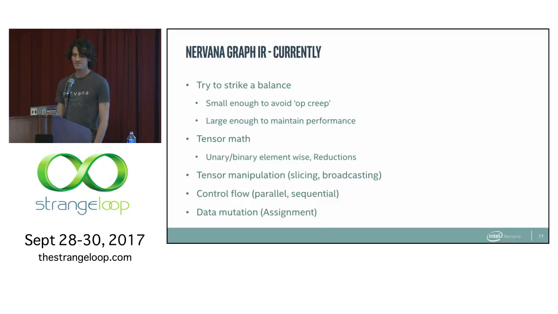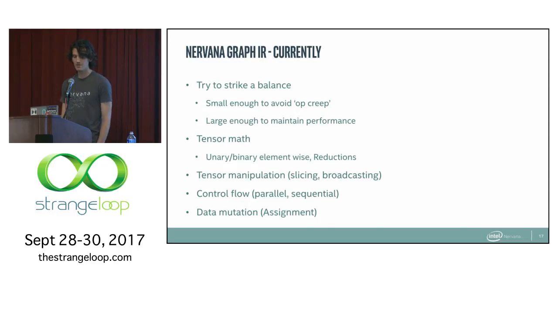We don't want an op set that's too small, right? If it's too small, then we're not going to be able to express enough back-end primitives in order to maintain performance. On the other hand, if we try to represent too many ops, then we can have this problem of op creep.